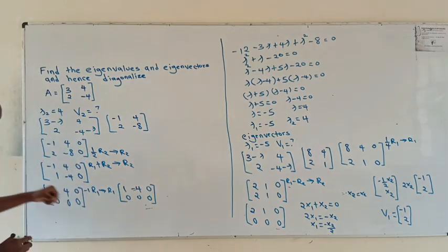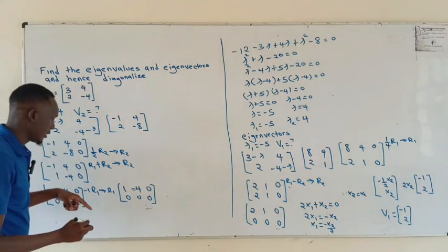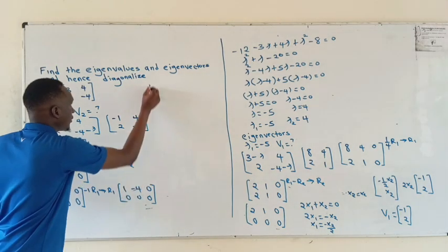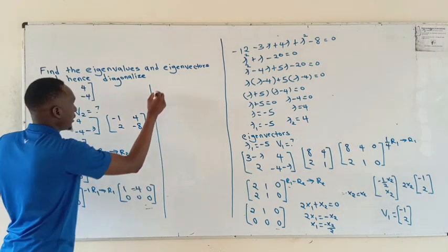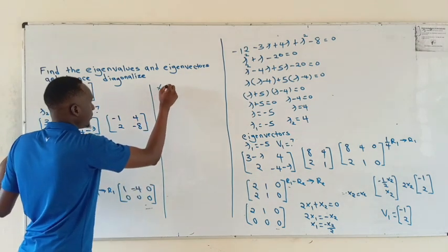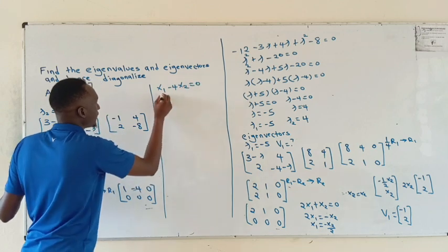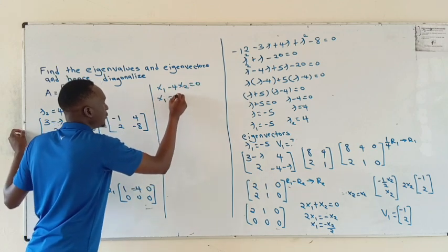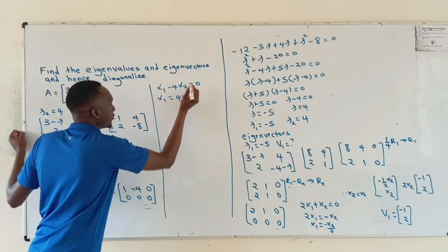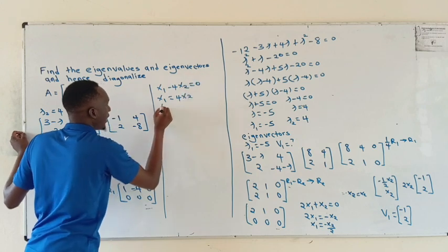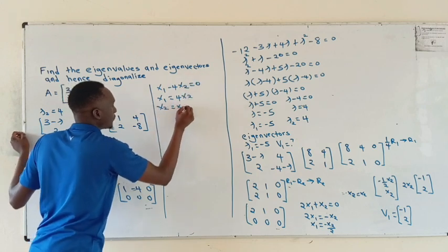So from here, we realize that x1 minus 4x2 is equal to 0, meaning x1 is equal to 4x2, and our x2 is x2.